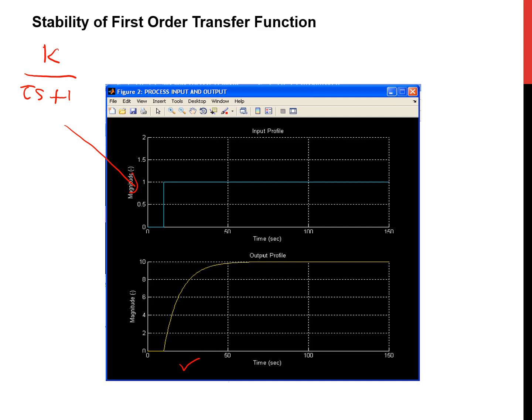This is what is known as stability, the ability to maintain the final value at a fixed point.